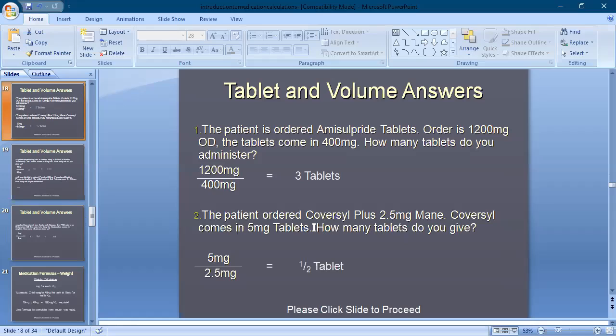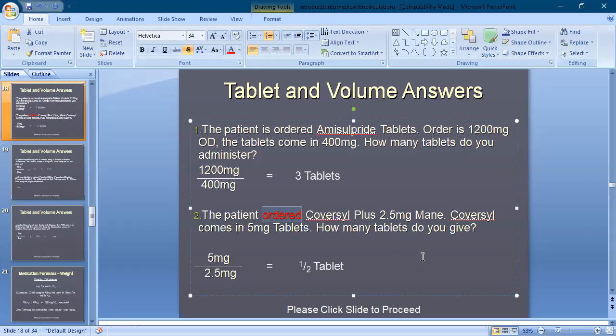So the patient order here is 2.5 milligram tablet. Order, this is an ordered tablet, means prescription medication, right? And it also comes as a 5 milligram tablet. How many?